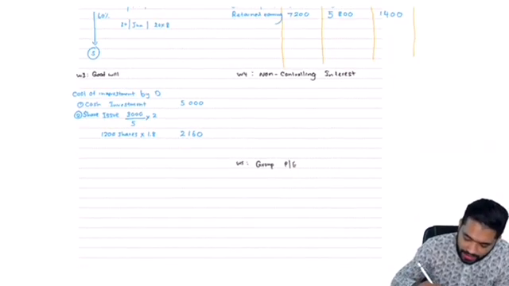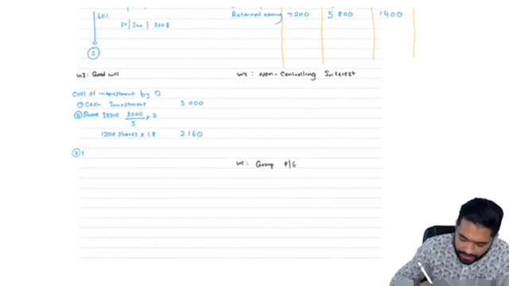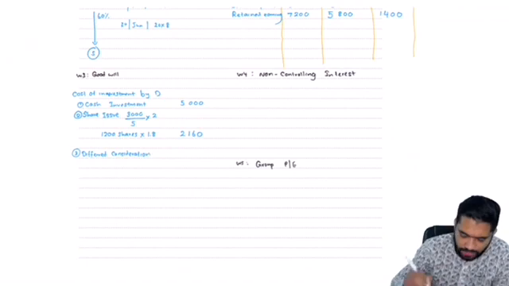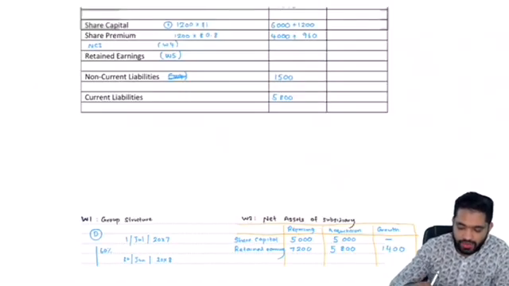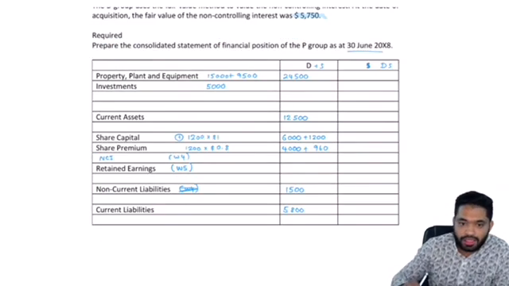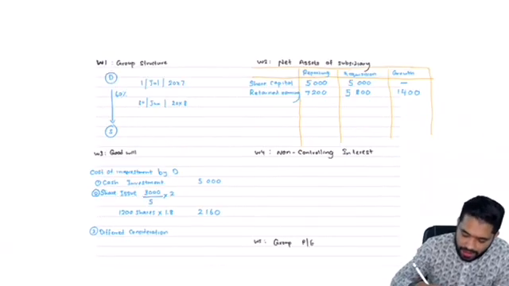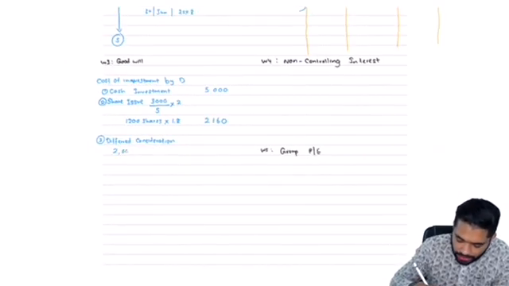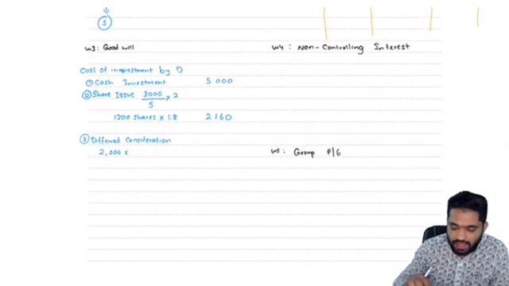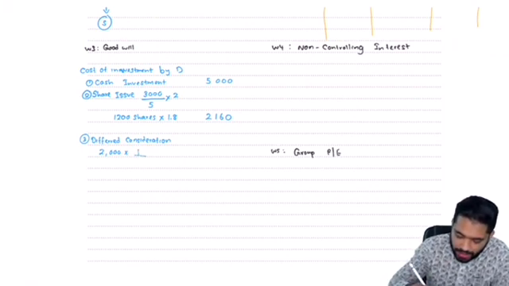Then finally you have the deferred consideration. The deferred consideration was a cash payment of 2,000 in 3 years' time. We are not being given the discount factor, so we will have to use the discounting fraction. So 2000 into 1 over 1 plus r.